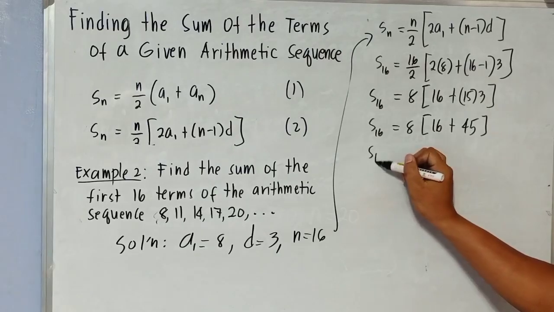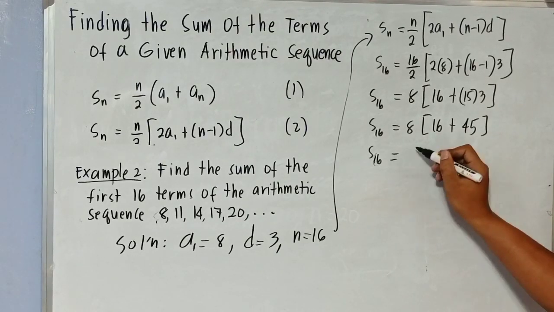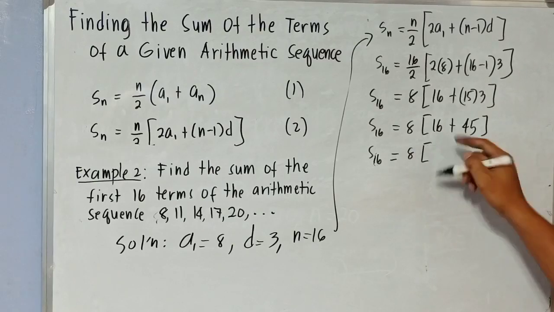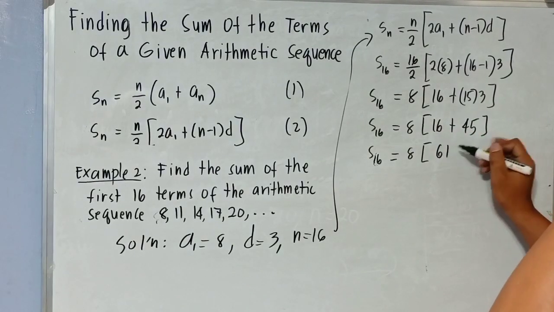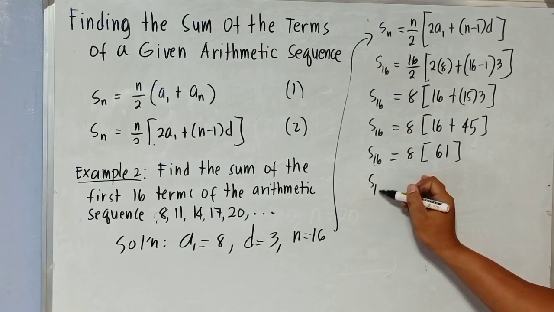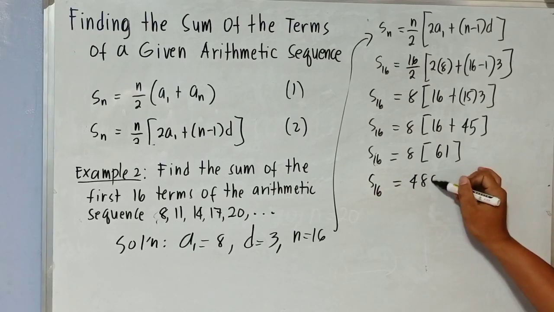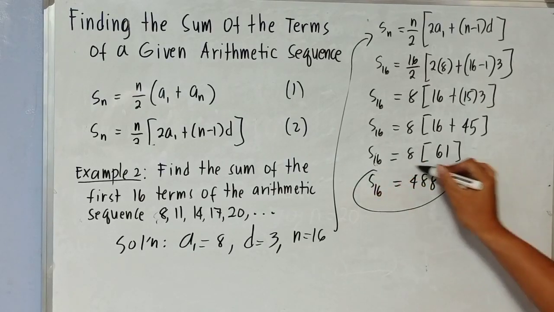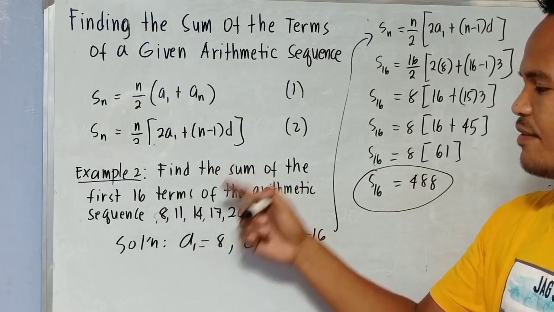Then get the sum of 16 and 45. That is 61. Then multiply 61 and 8. So S sub 16 is equal to 488. So this is the sum of the first 16 terms of the arithmetic sequence 8, 11, 14, 17, 20, and so on.